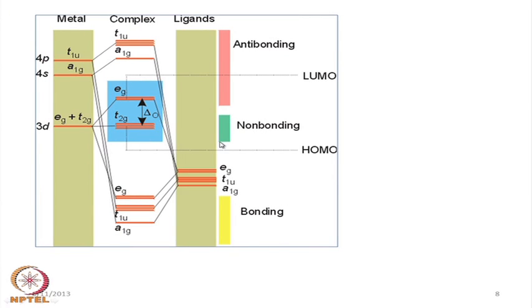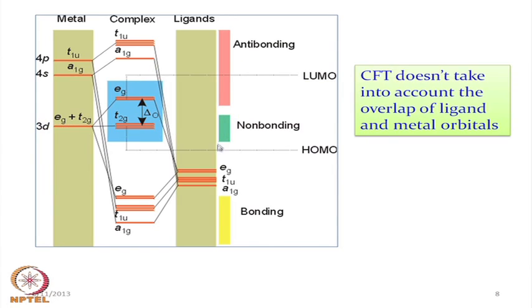So, when we have this bonding, antibonding and non-bonding level, we simply say that there is an interaction between the HOMO level and the LUMO level. What we have ignored in the crystal field theory is that crystal field theory does not take into account the overlap of the ligand and the metal orbital.